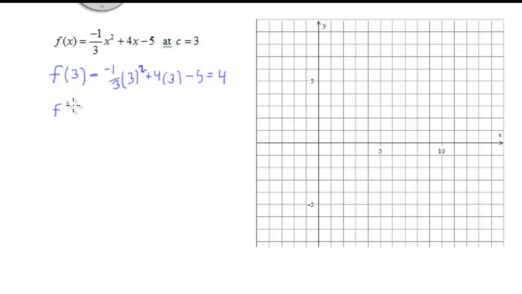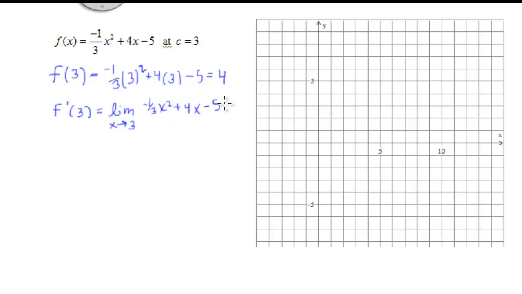So then we want to find f prime at 3, which means the slope of the tangent. And to find that, we use the formula that involves the limit as x approaches 3, because we're finding the slope of the tangent at 3, of f of x, which is the function, negative 1/3 x squared plus 4x minus 5.